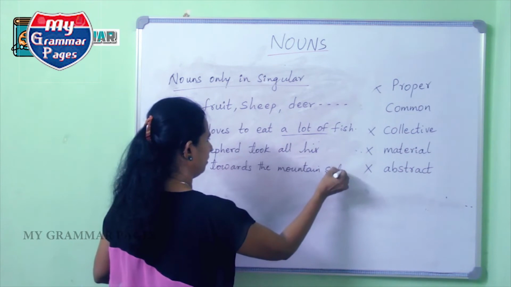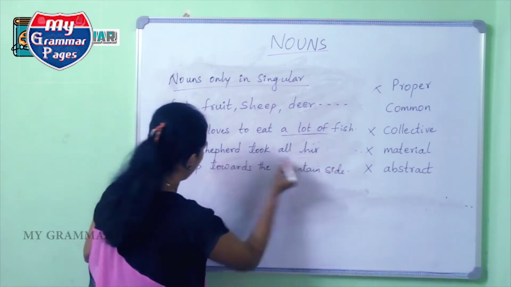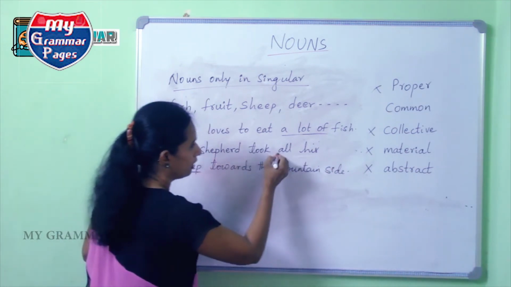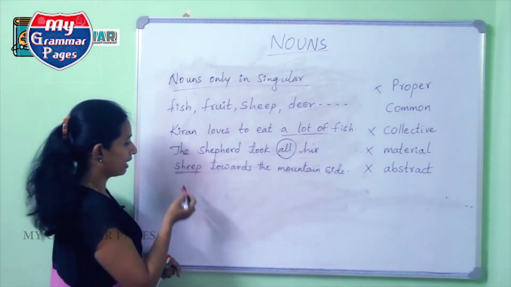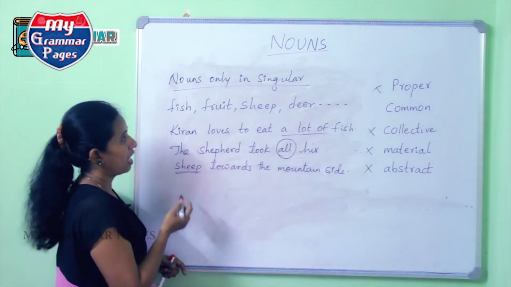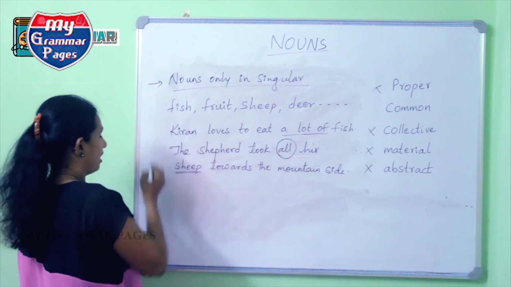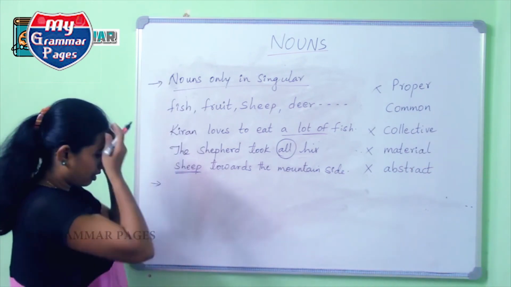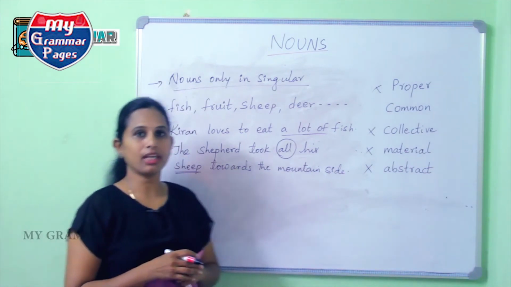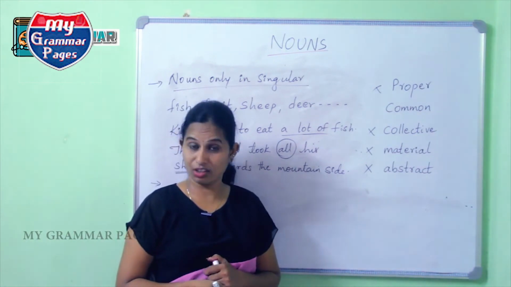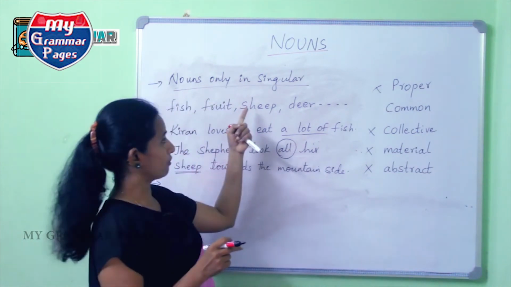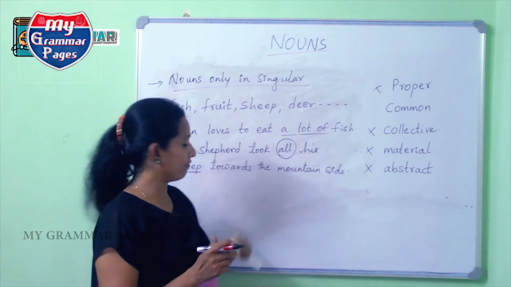In this example, we can see took all his sheep. The word all itself says that we are taking the sheep in plural. And now, the last but not the least, there are few nouns where we can take only the singular. Let me take how I have taken this example in the same way.